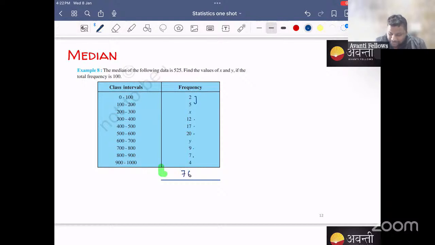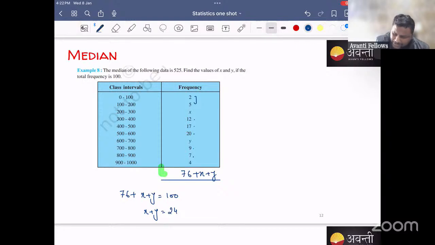So it is 76 plus x plus y. So one relation you got: 76 plus x plus y is equal to 100. That means x plus y is 24. One relation I got.